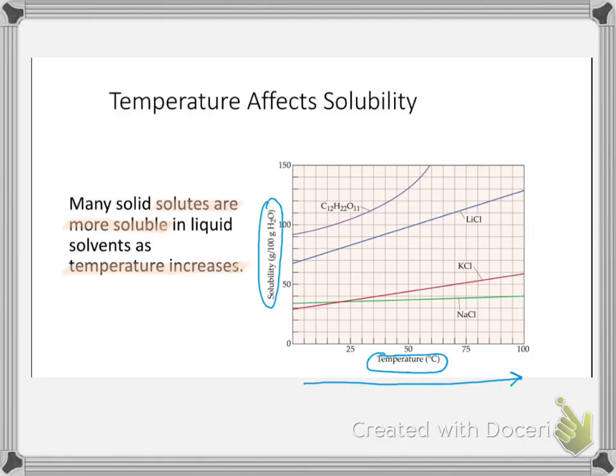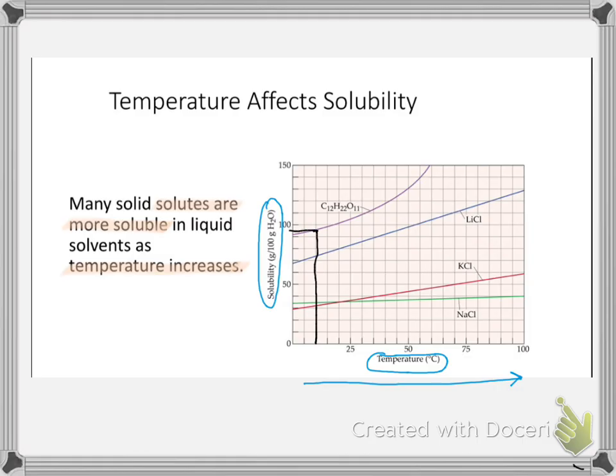So let's just pick one. Let's pick sucrose, which is the top purple line, and let's investigate it a little. So let's say I am at 5, 10, 15, 20. Okay, so these look like they're going by 5. So let's go to 10 degrees Celsius. So it goes to right there.